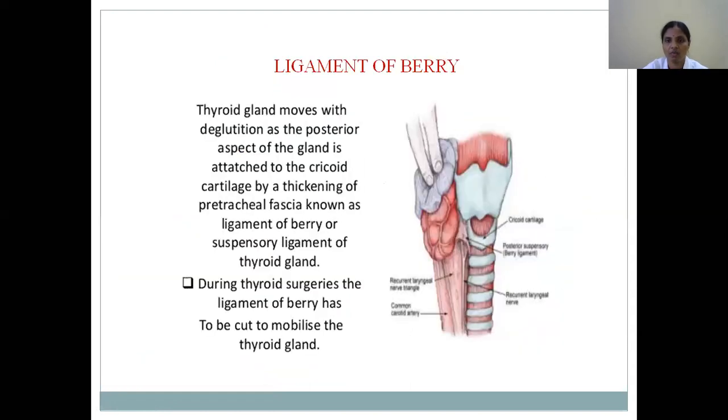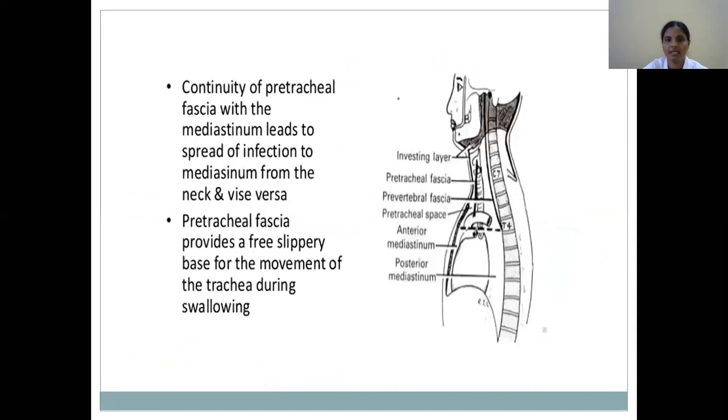Here in this picture you can see the vertical extent of the pretracheal fascia. See in this picture, this is a bone, the hyoid bone. So above, the pretracheal layer is attached to the hyoid bone.